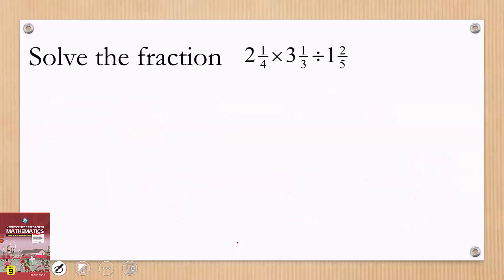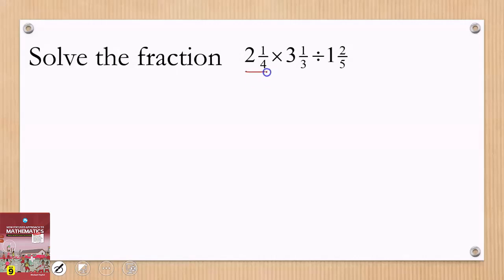Let's take another example where this time around we want to combine the multiplication and division. Remember that anytime we have a combination of operations, we employ BODMAS. We did that in year 8, remember.